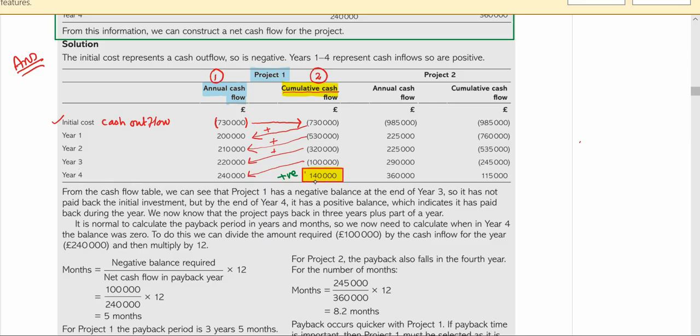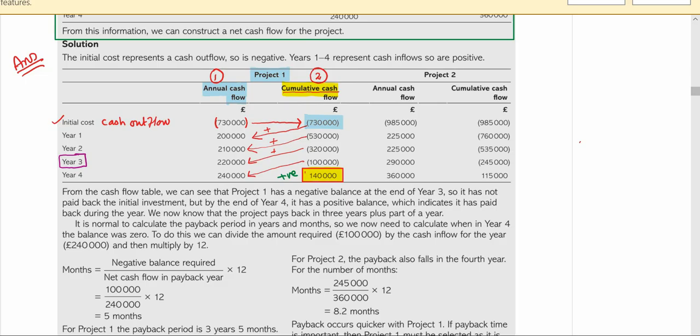The 140,000 is the positive cumulative cash flow, meaning we recover our full investment of 730,000 in year 3 and some months. We turn positive between year 3 and year 4. So year 3 is confirmed. Now we calculate the months.